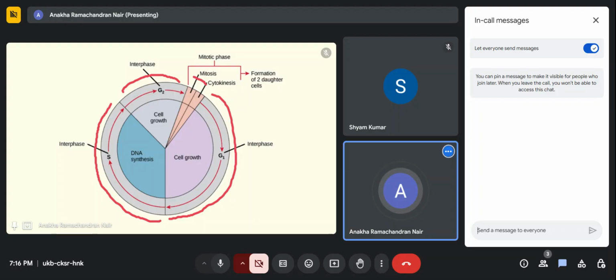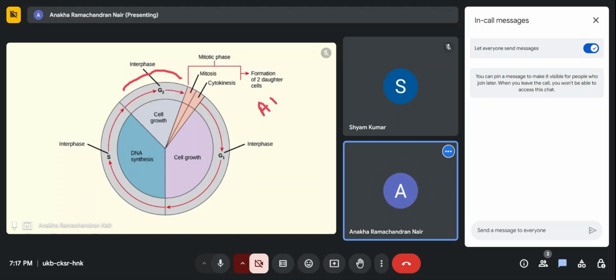So the question was, mirin causes arrest in which of the phases of the cell cycle? And the answer is G2 phase. Mirin causes arrest in this part of the cell cycle by inhibiting the phosphorylation of something called the ATM molecule, and this ATM molecule is responsible for the process by which double stranded breaks are repaired by the cell.